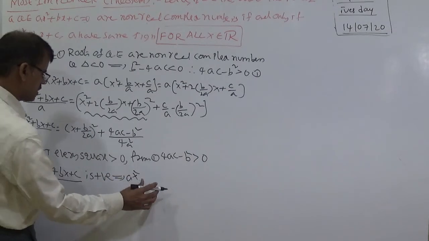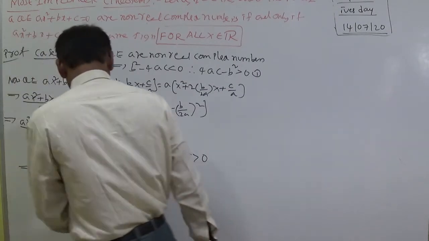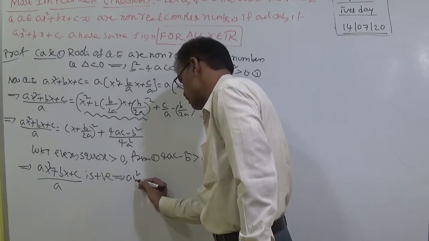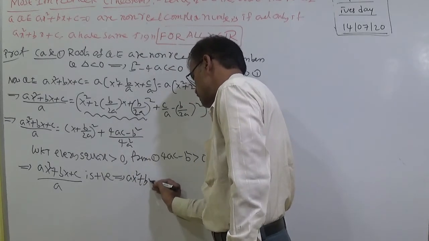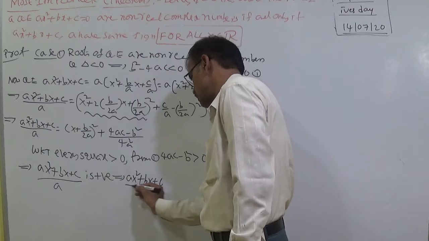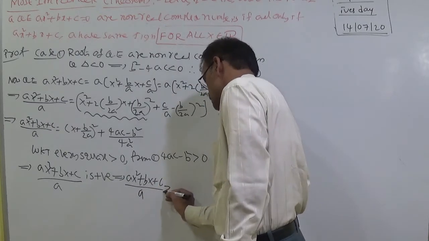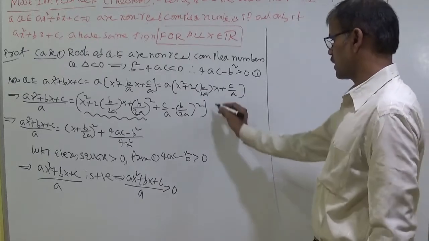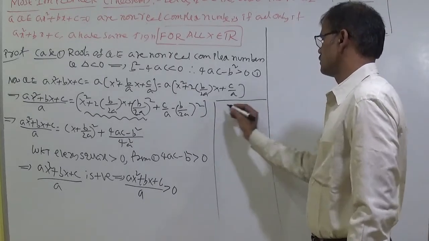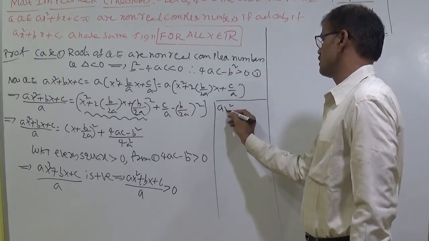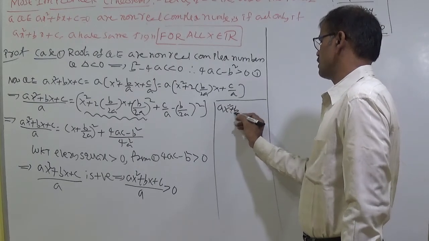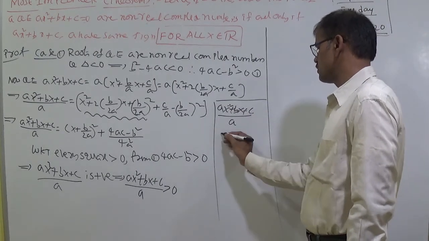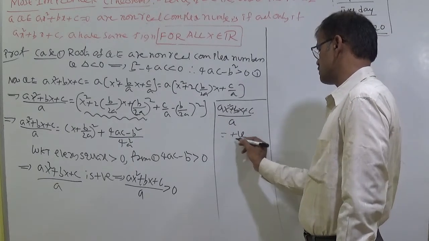Now you can understand ax square plus bx plus c by a greater than 0. Simply, I am writing greater than 0. So ax square plus bx plus c by a is equal to positive by positive.